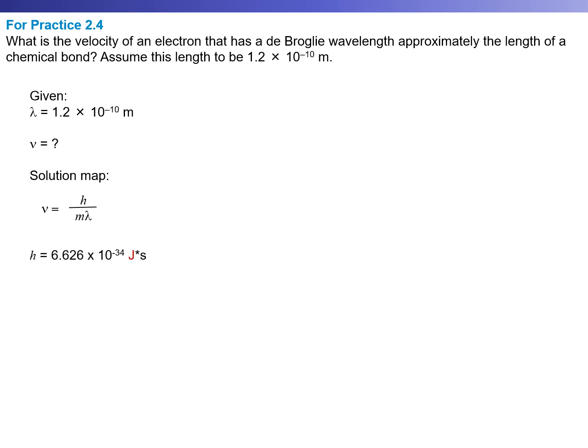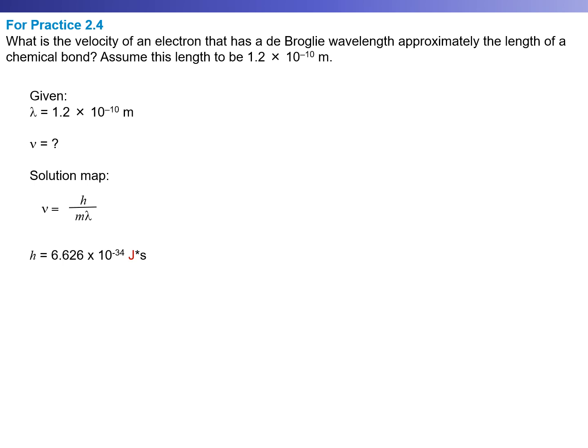You might remember Planck's constant is equal to 6.626 times 10 to the negative 34 joule seconds. But if we look at what's in the denominator of our equation, we're going to have a mass number here, and mass is measured in kilograms. So joules is actually what I would call a contrived unit, and it comes from multiplying different things together, one of which is a mass.